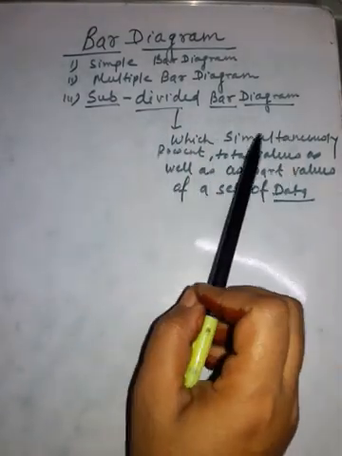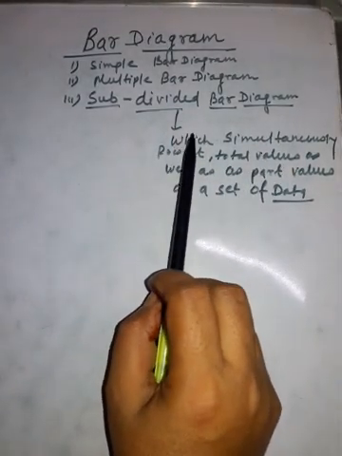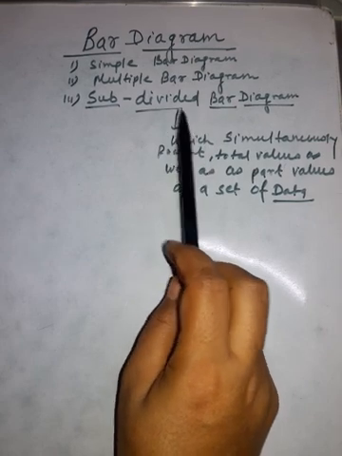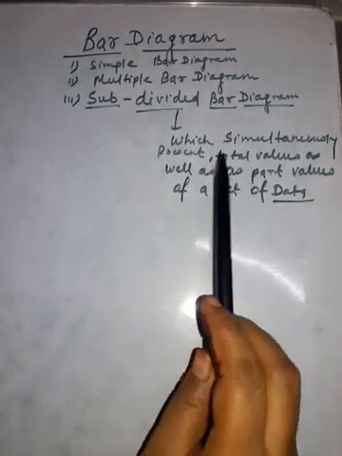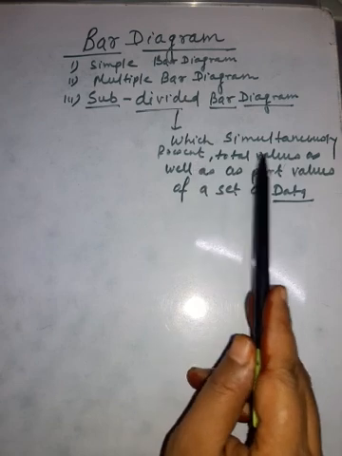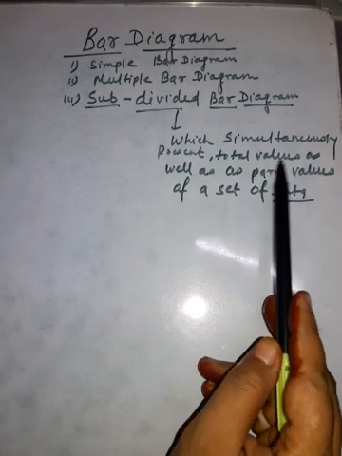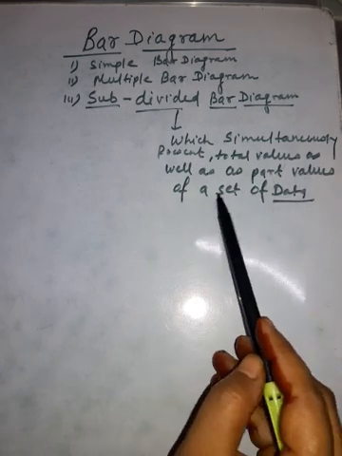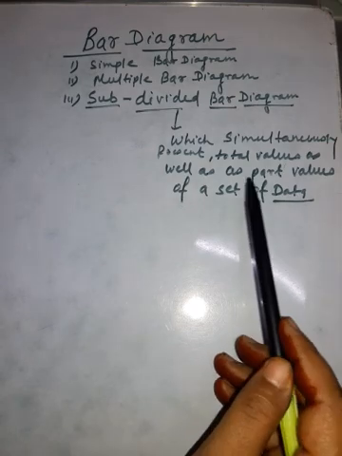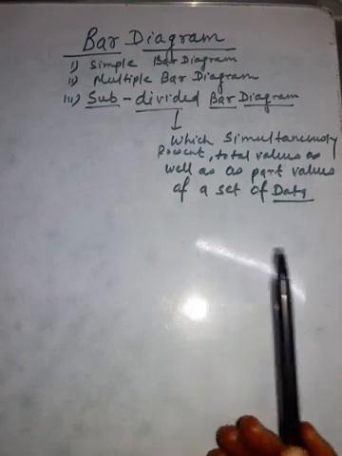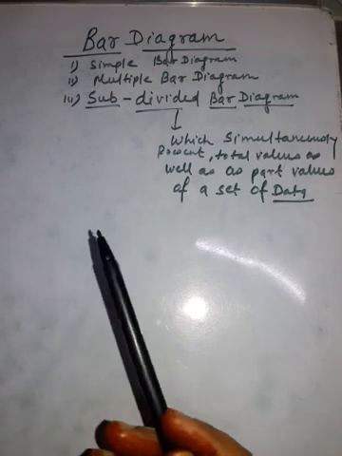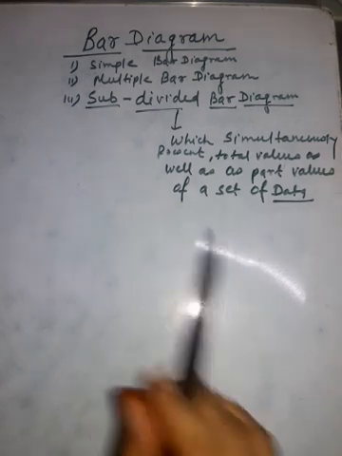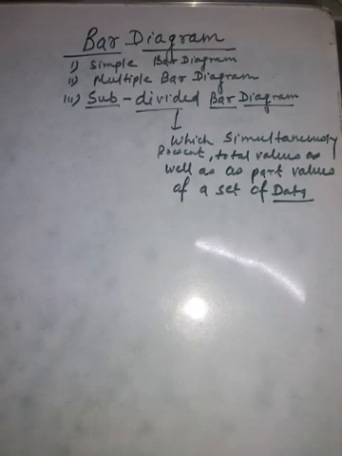I repeat it again. Subdivided bar diagrams are those diagrams which simultaneously present total value as well as part value of a set of data. Different parts of the bars are shaded with different colors. How, I'll explain with the help of an example again.